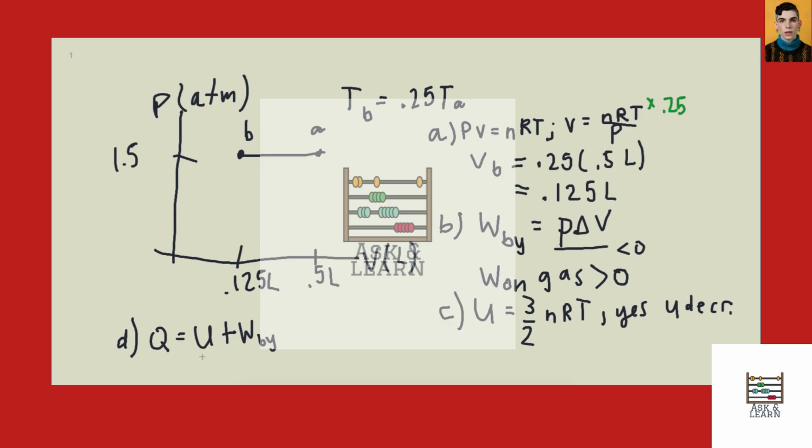And we can see that the change in internal energy is less than 0, and we already said that the work done by the gas is less than 0. Therefore, we know that Q is also less than 0. So there it is.